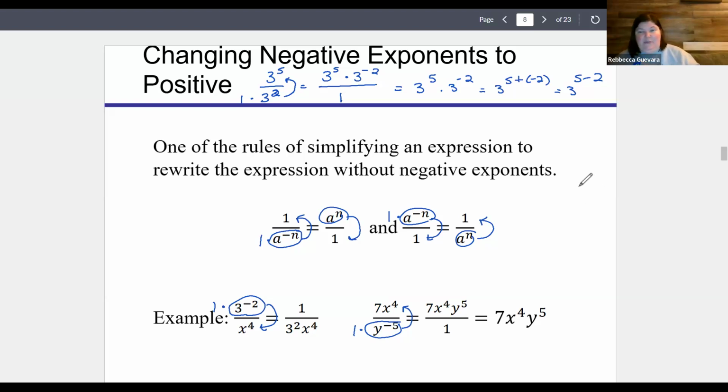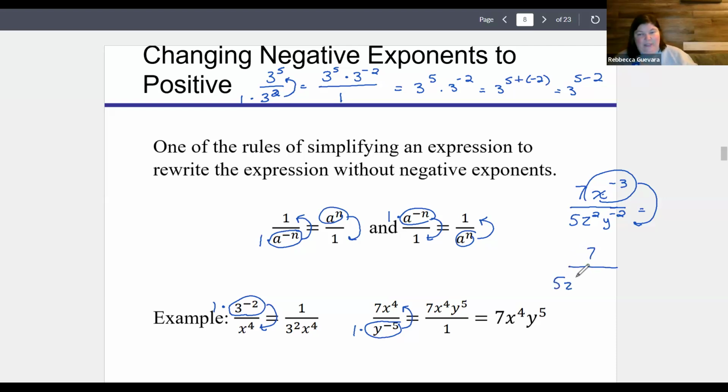To explain more, let's say I had 7 x to the negative 3rd over 5, and let's say we have z squared and y to the negative 2. If the x moves down here, the 7 still stays there.